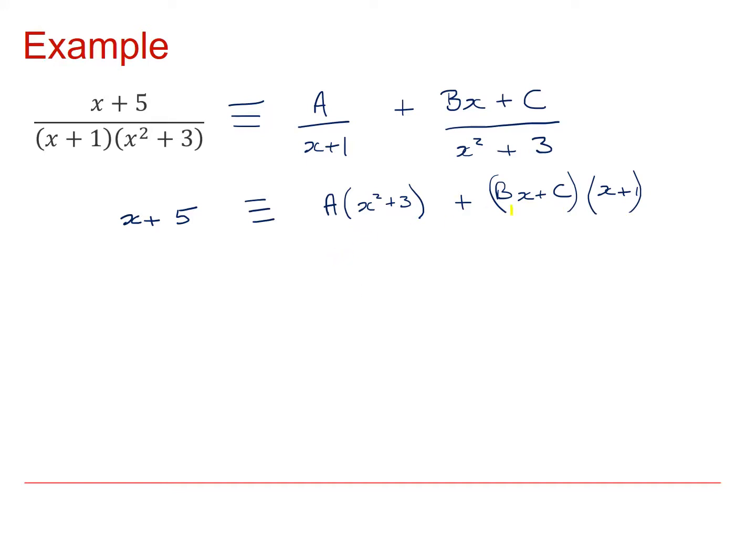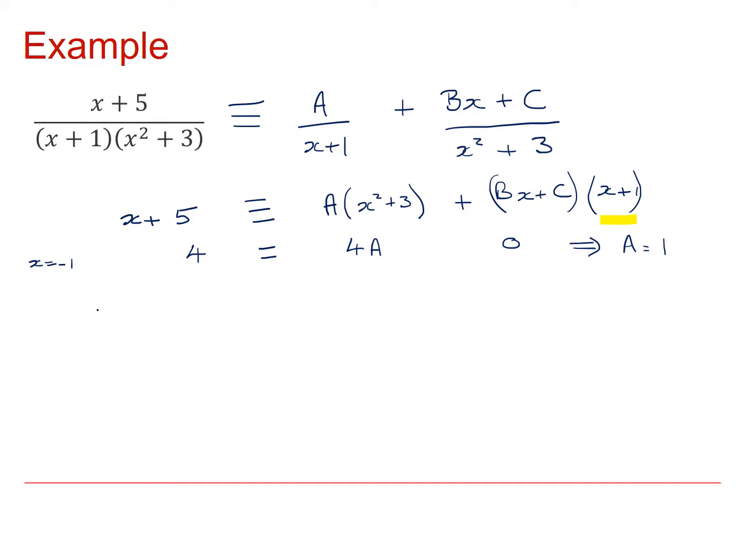Looking at this, I can see that a value of x equals minus 1 might serve to get rid of the second part of this for a moment. So let's have a look at x equals minus 1. I'm going to get 4 for the left-hand side, and that's going to give me 4a and nothing here. So that's going to give me that a is equal to 1.